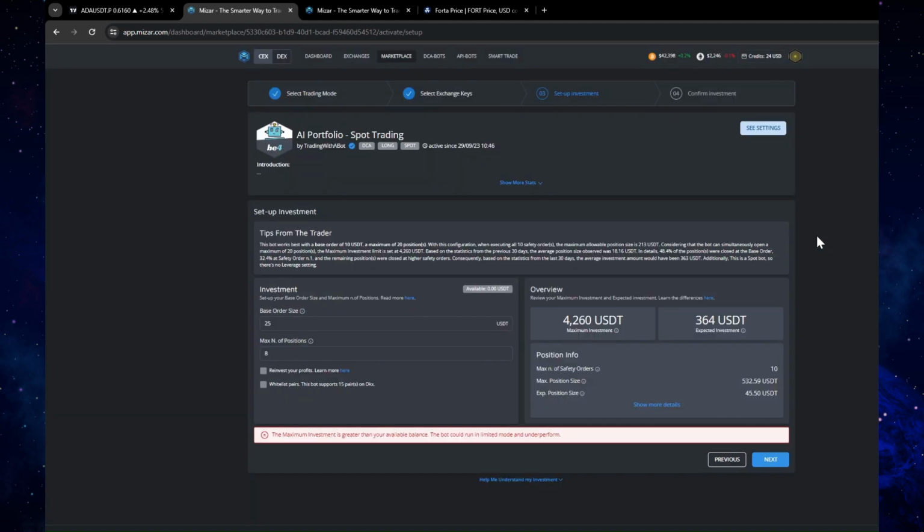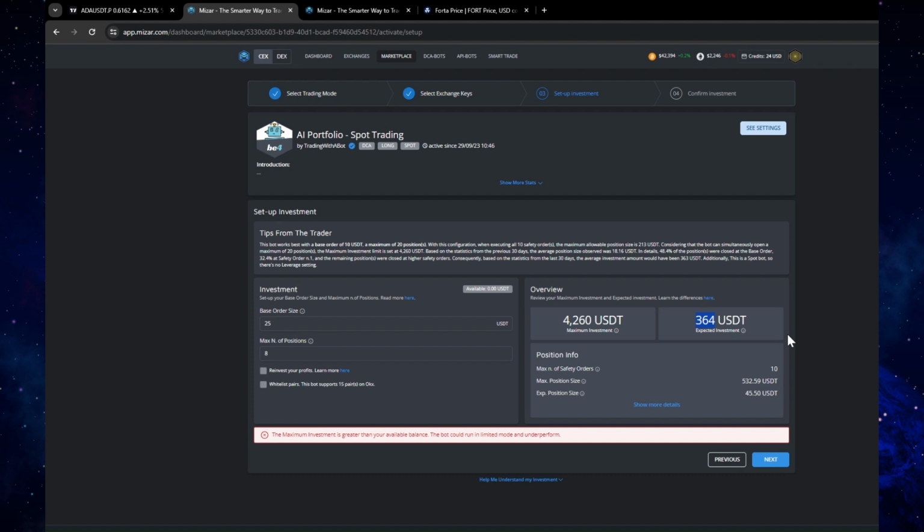If we didn't have the statistics, Myer would just look at the settings and say, well, you better have 4,260 USDT for that bot. But since it already gives us some statistics, it says, well, the settings tell you you need 4K, but in reality, the strategy behind the bot, the deal start condition, the exit, the selection of tokens, and so on, is fairly effective. So you should be able to survive with 364 based on the past 30 days.